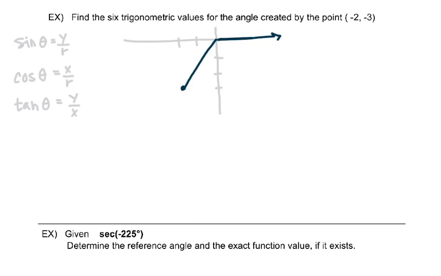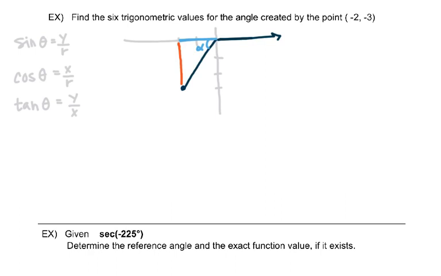So what we want to think about, though, is creating a reference triangle. When we create a reference triangle, we're always going to drop a vertical or raise a vertical up to the x-axis. So doing so, now I have this small triangle here. So we have some smaller angle, maybe we'll call that alpha, occurring in here.